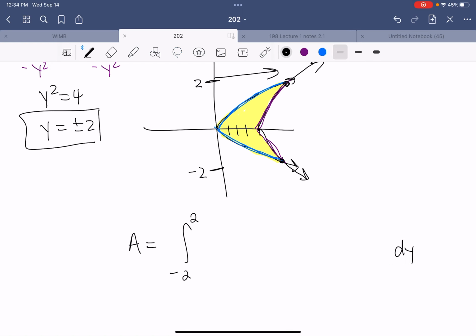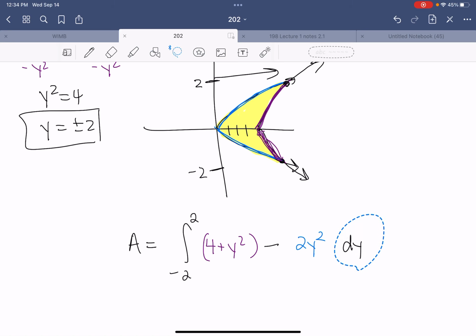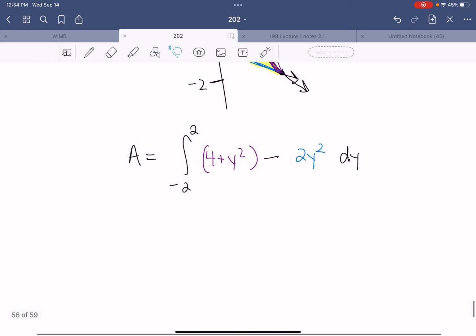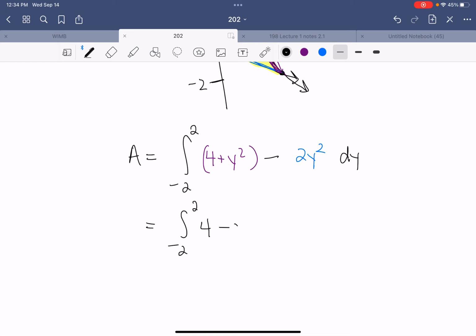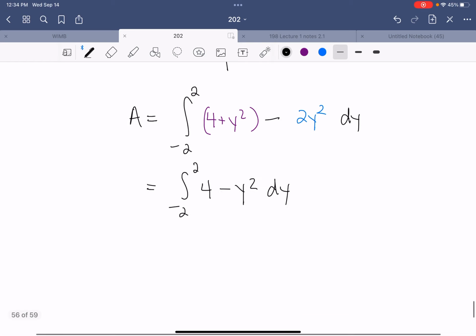And I want the top, or the right function, so the purple one here, which is 4 plus y squared, minus the blue function, the function at the left, and that's my 2y squared. And then your dy. And notice how everything's in terms of y's. So I get a nice integral here. The integral from -2 to 2, I can take 4 minus y squared when I simplify that.